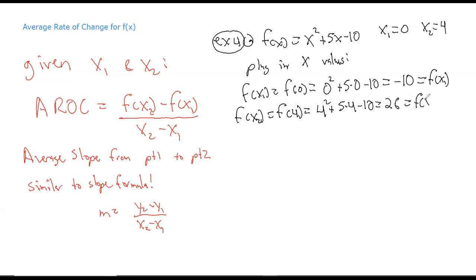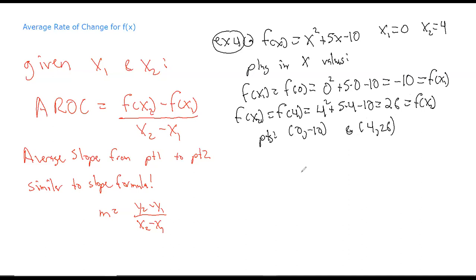That's our y2 or f of x2, no matter which one you want to call it. It's the same value. And then we're just doing our slope. You can even write these as points now if you want. You don't have to, but your points are now 0, negative 10, and 4, 26.